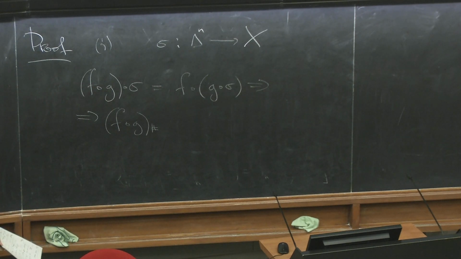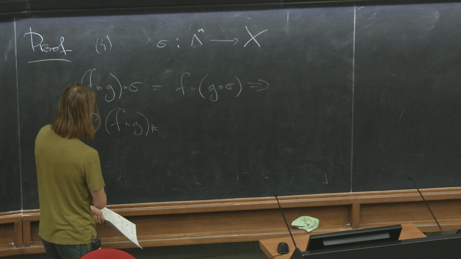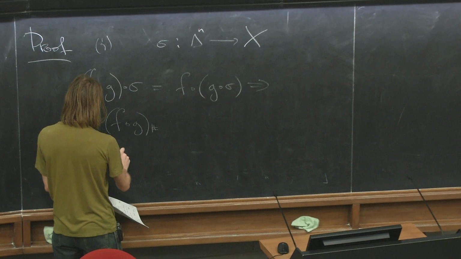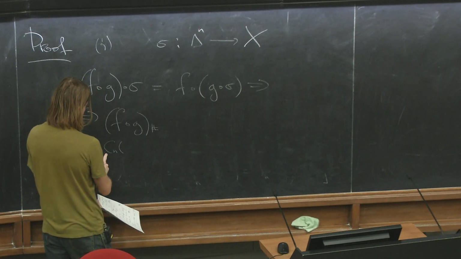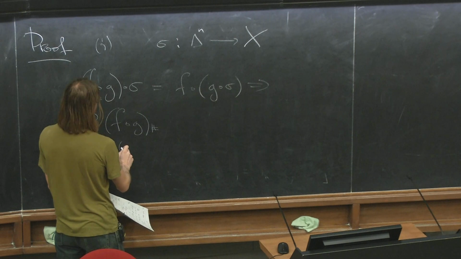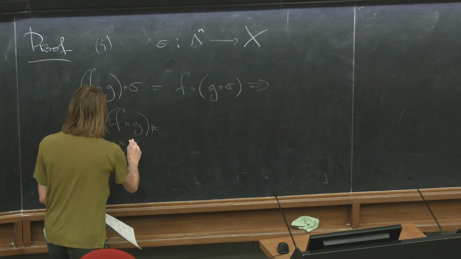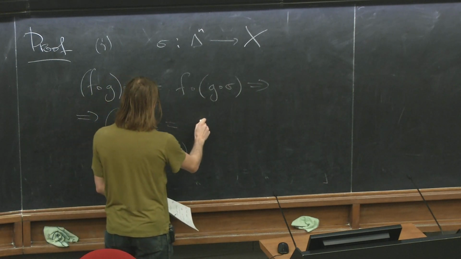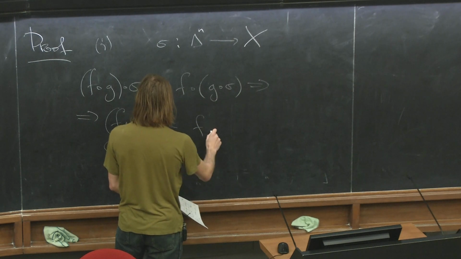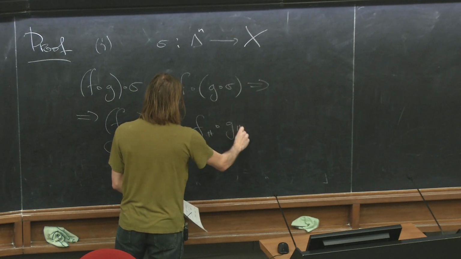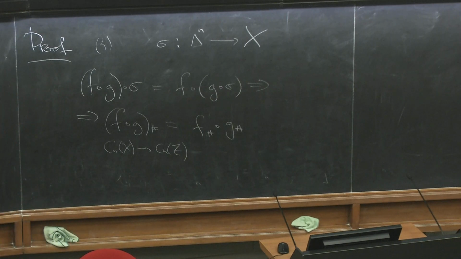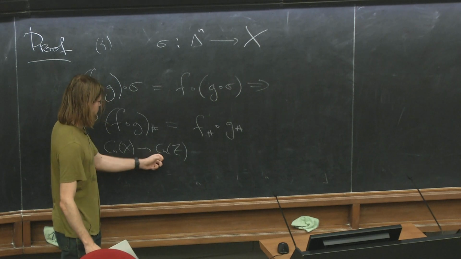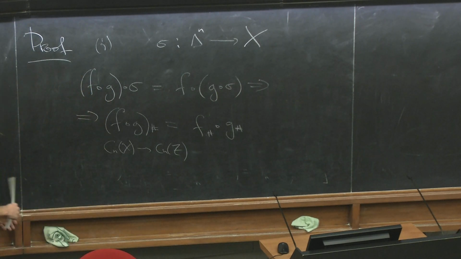the induced map of this composition of F and G, induced meaning it's induced on the singular n chains, so it's C_n of X, is the same as the composition of the corresponding induced maps. So it's just equality between homomorphisms between this pair of abelian groups.